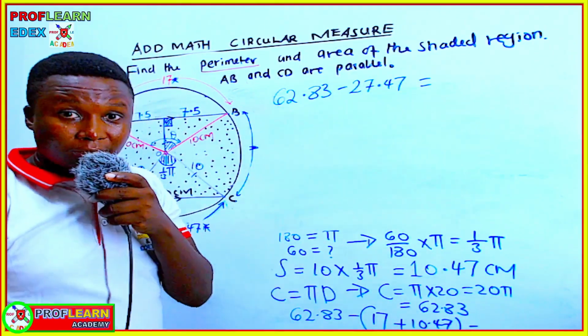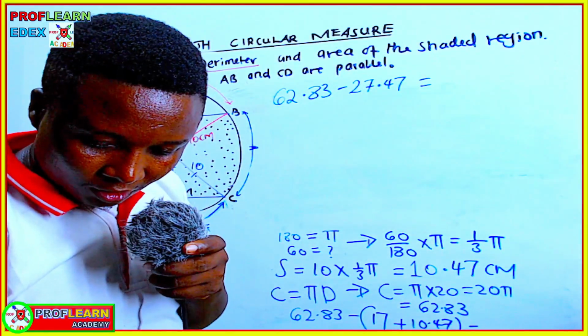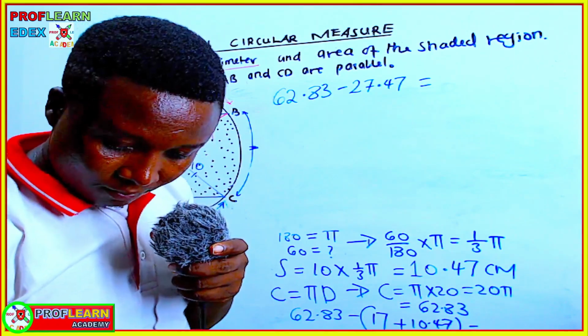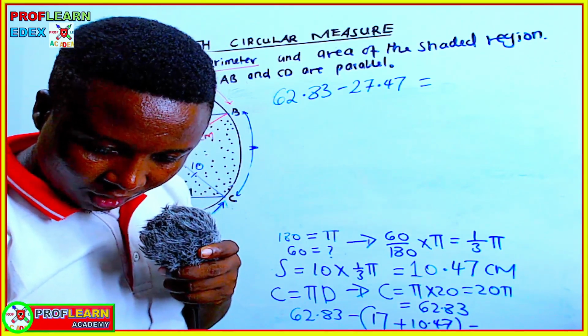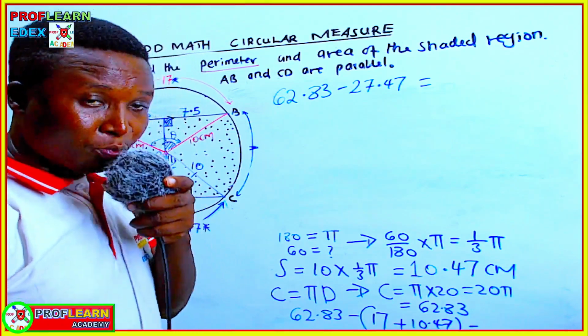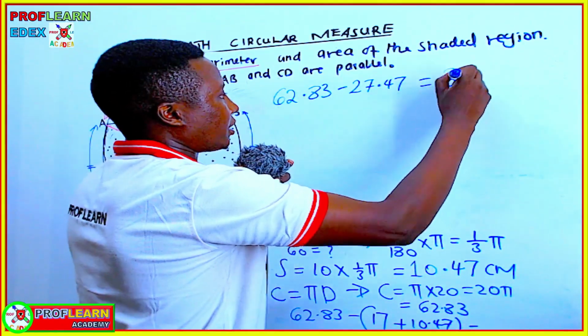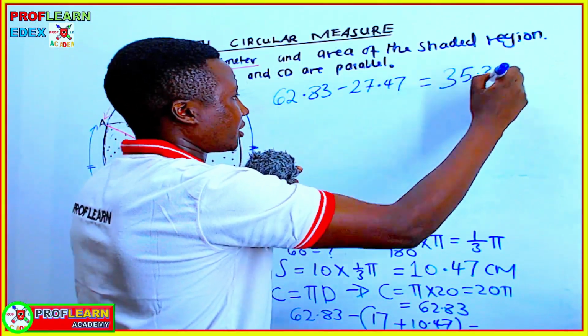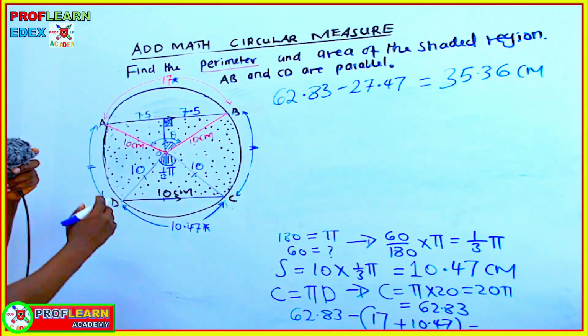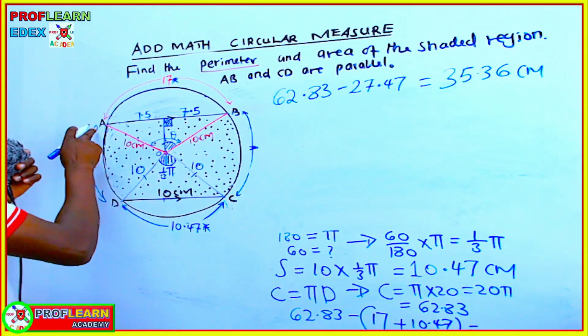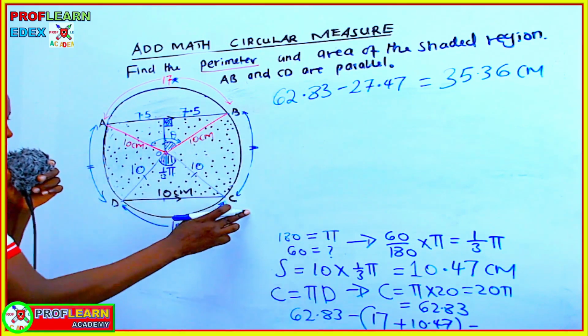If I subtract that, I'm getting my value as 35.36. Now this is 35.36 centimeters. So that represents this part and this part here.